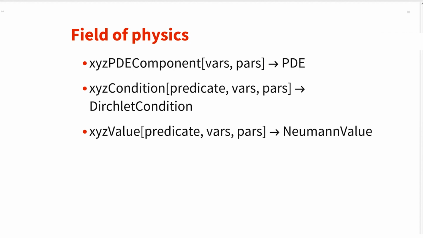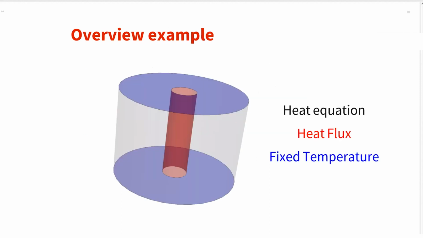They get a predicate where they're active, and again, the same variables and parameters like for the components, and they generate a Dirichlet condition. And we have XYZ value, again, a predicate where that boundary condition is active, and the same variables and parameters, and they're going to generate Neumann values. This is kind of the basic workflow of how this works.